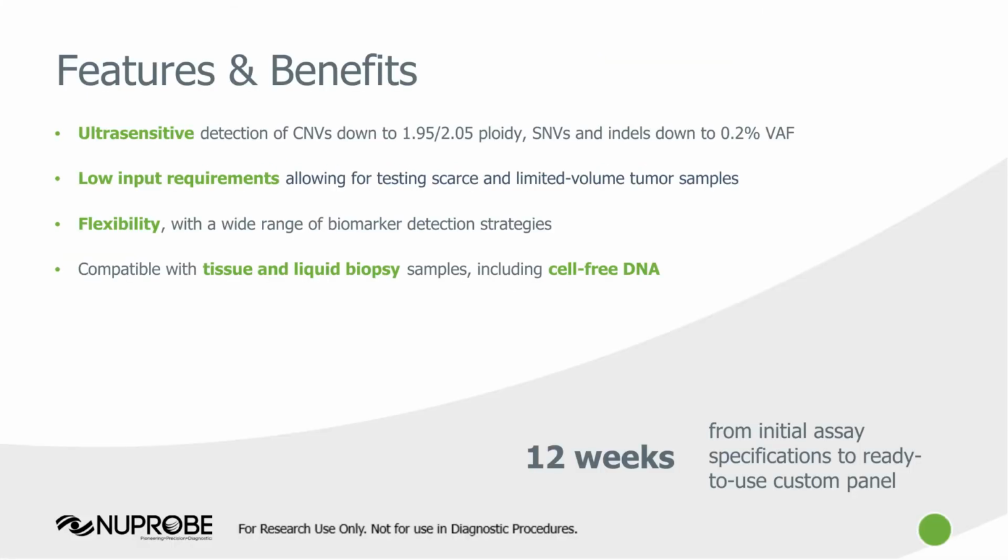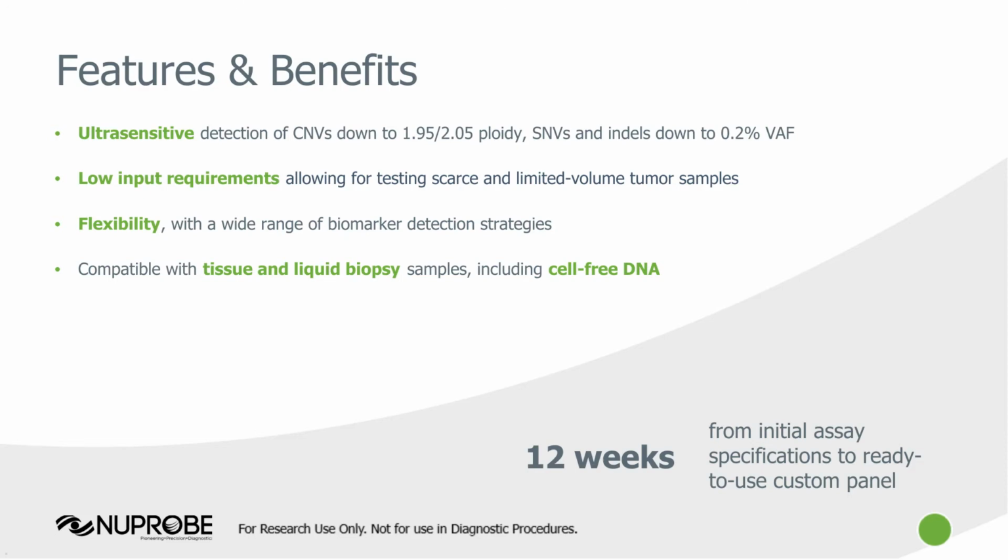So here's a summary of key features and benefits offered by QASeq panels. QASeq panels provide ultra-high sensitivity for mutations and especially copy number variations, with up to 10-fold improvement over other technologies such as digital PCR. Low input requirements, with as low as 5 nanograms of input DNA.